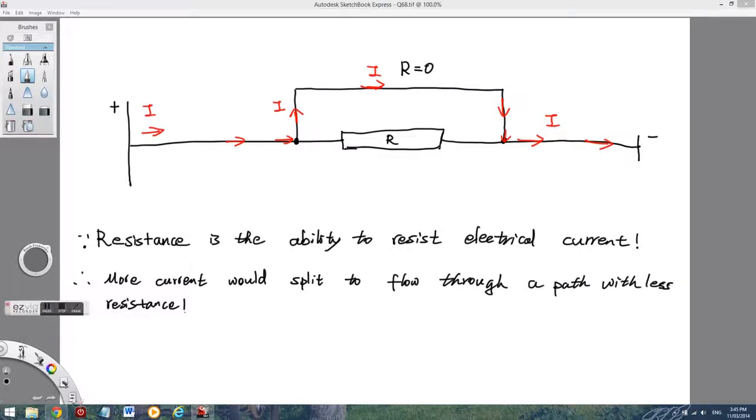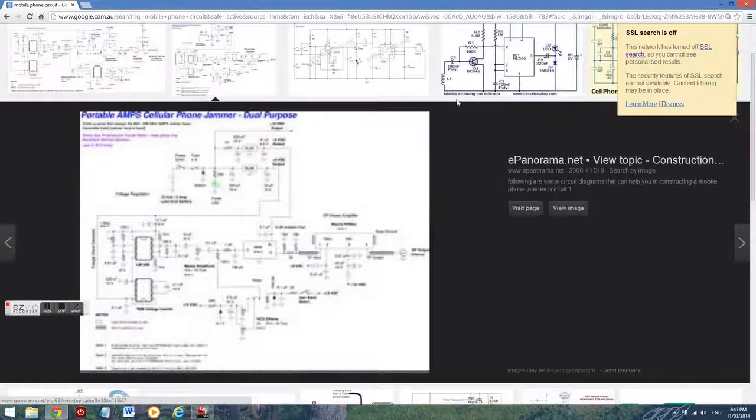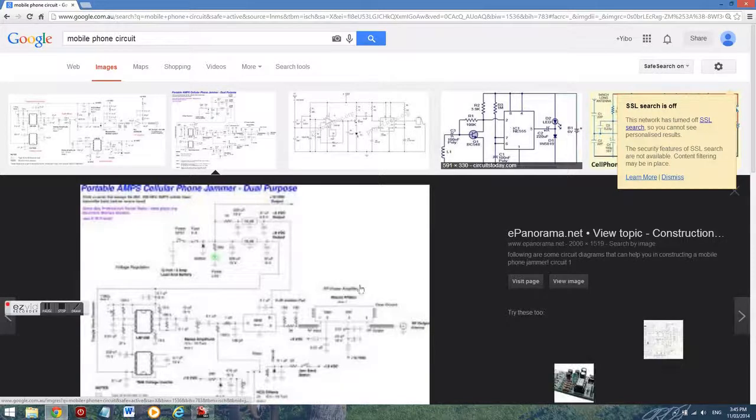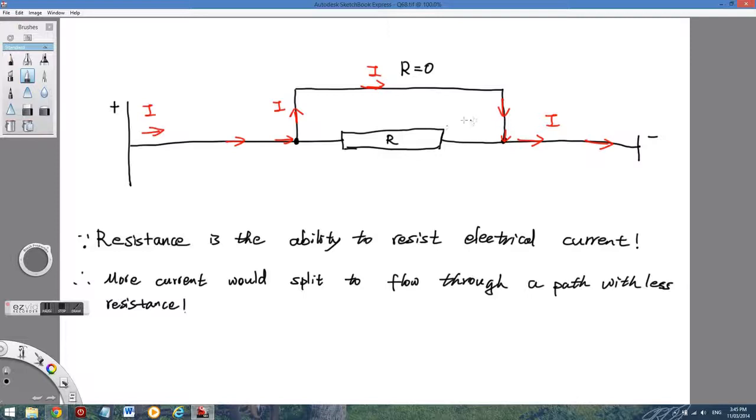So in the circuit of a mobile phone here, each of those resistances sometimes means a device. If the current doesn't go through the resistance, it means that the device doesn't work.